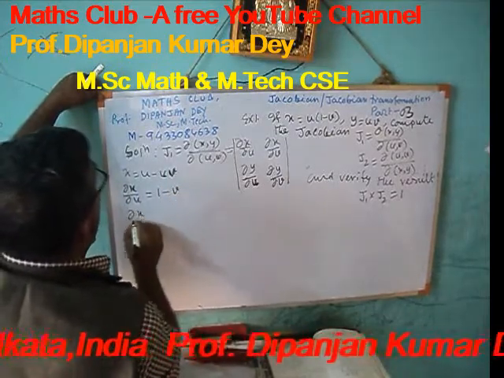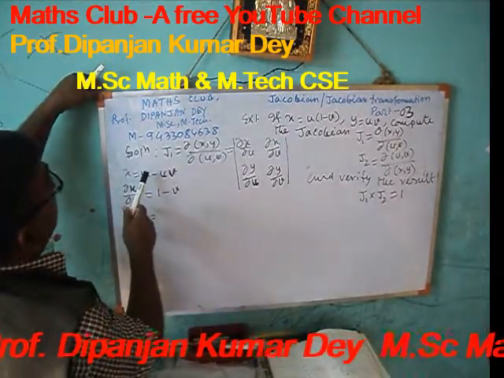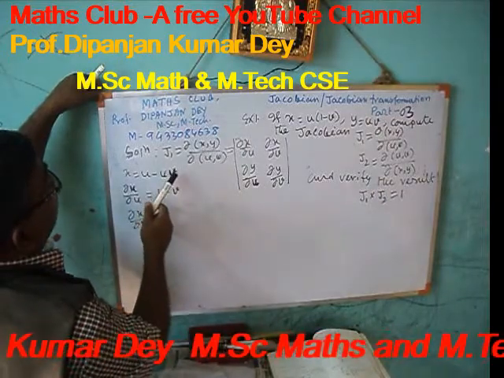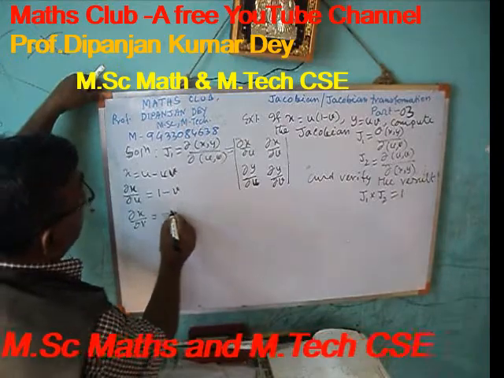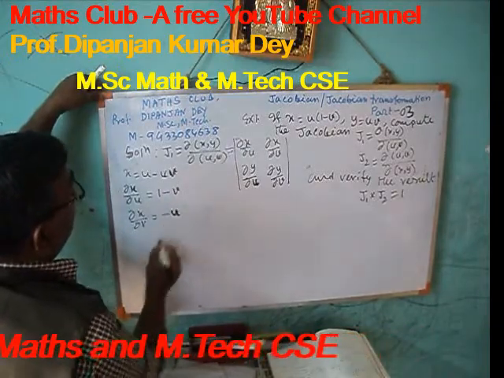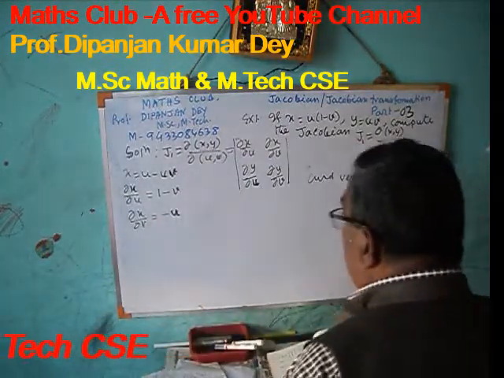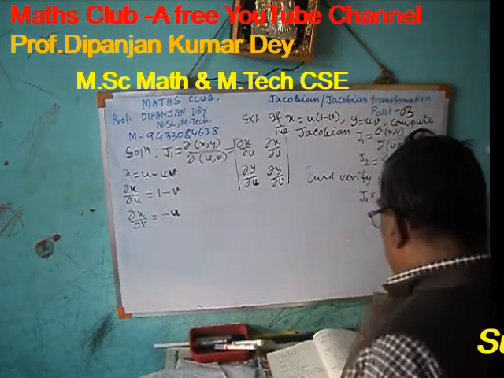Del x del v, with respect to v, when u is constant, is minus u.